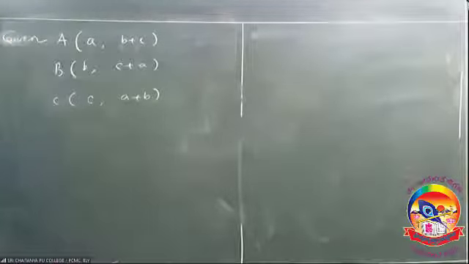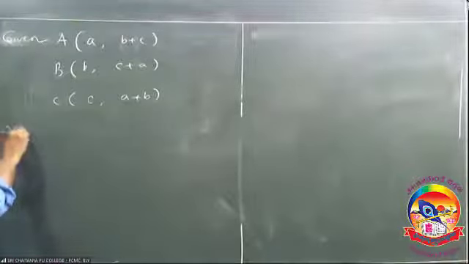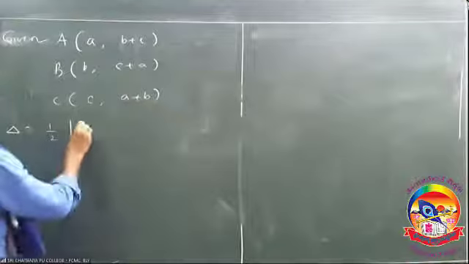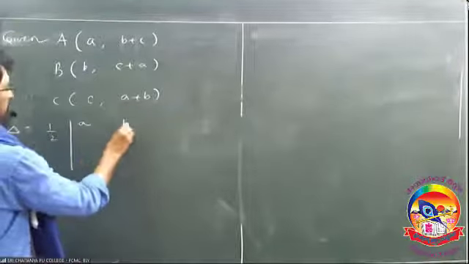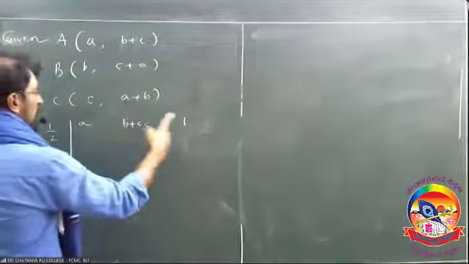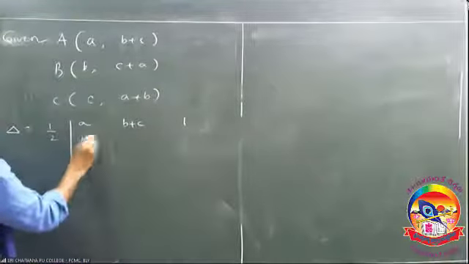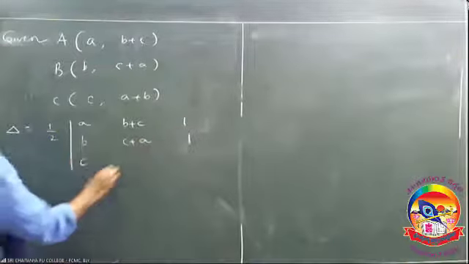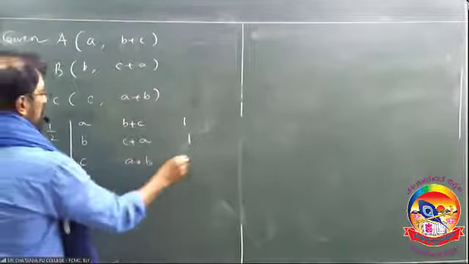Given A, B, C, delta is equal to 1 by 2 into the determinant with rows x1, y1, 1; x2, y2, 1; x3, y3, 1.